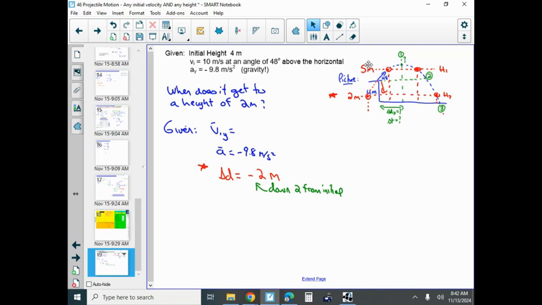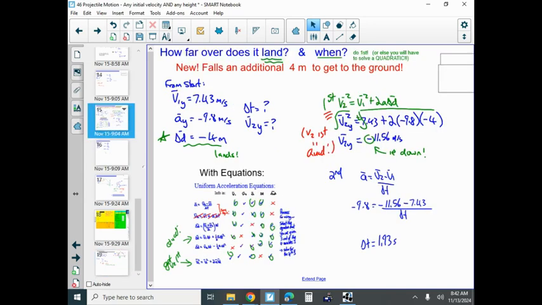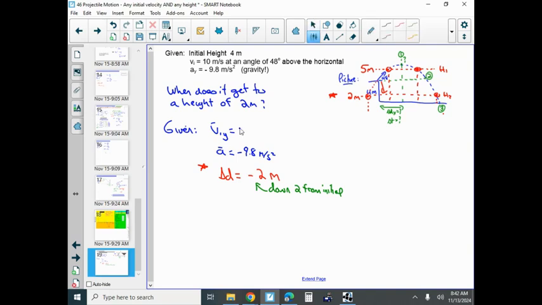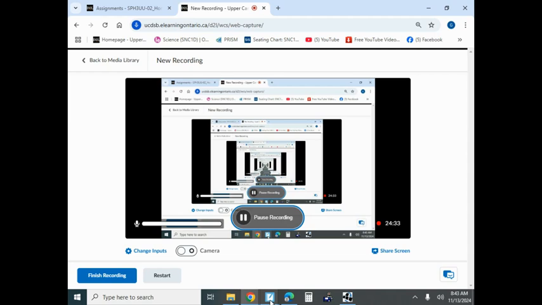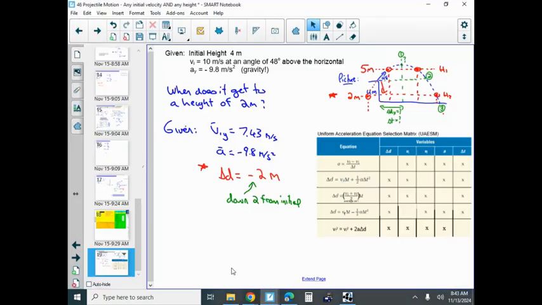So initial velocity was, let me run back and see what that was, 7.43 meters per second. And just pause quick because I got to grab a calculator for us. All right, I'm back. All right, so we've got v1, and we've got acceleration, and we've got displacement, and we want to know when it lands there, right?